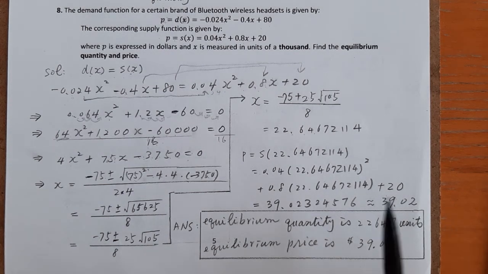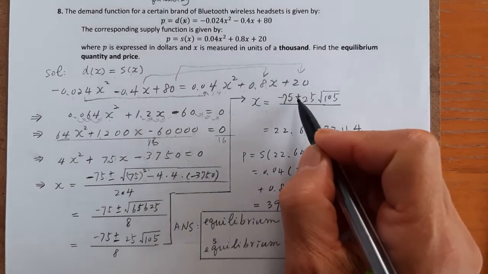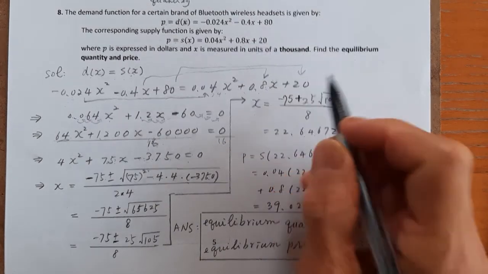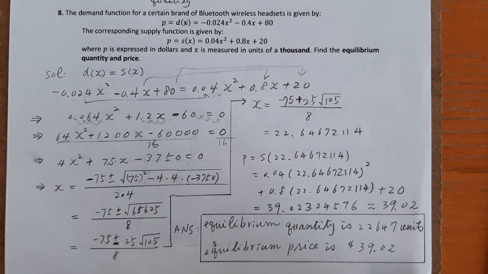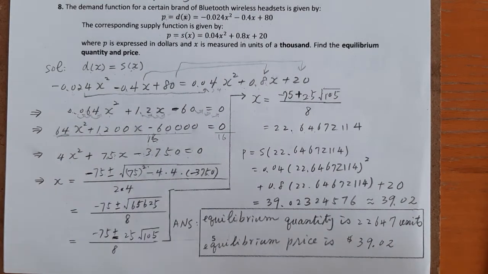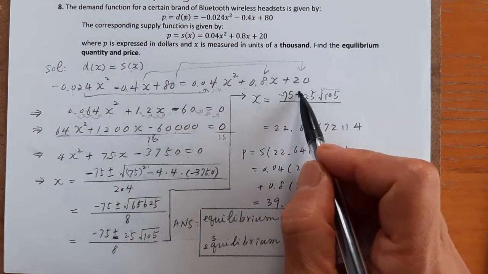We don't use minus, because a negative number of units is impossible. Quantity should be positive, so you use plus.